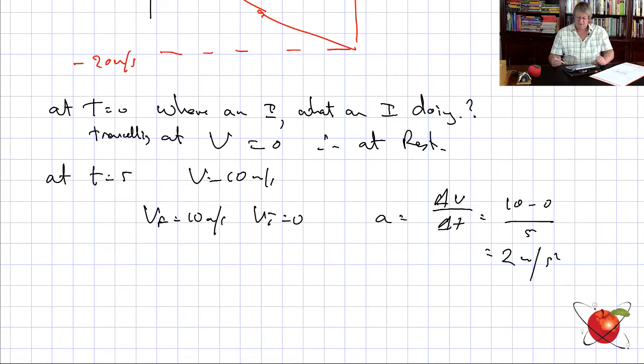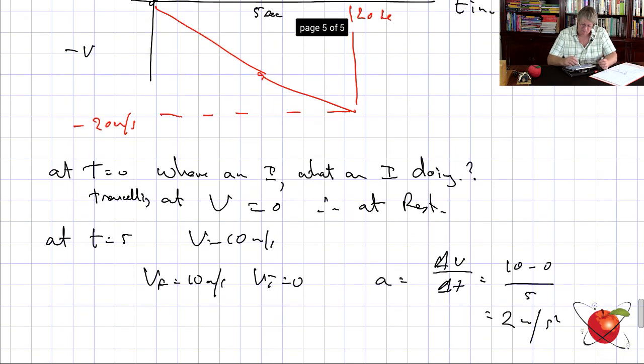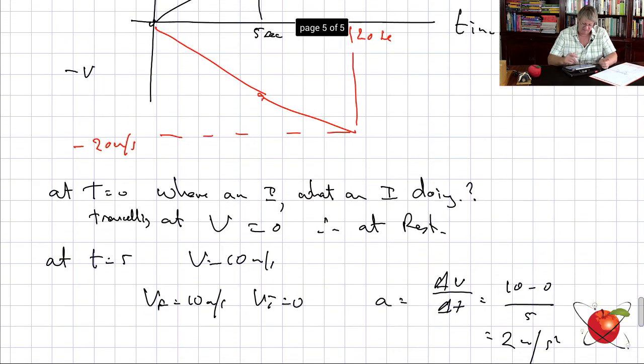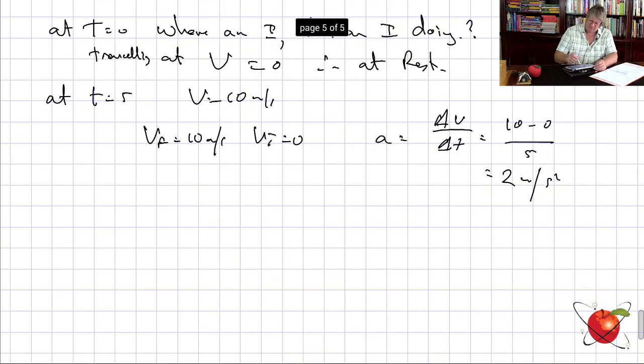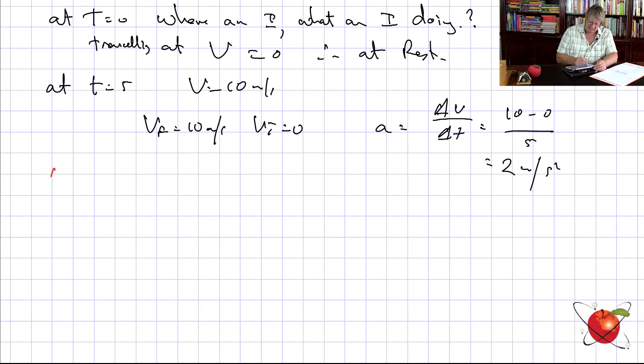So, let's go back and look at the next one now, on the red side. At t equals 0, I'm at 0, aren't I? And at t equals 20, I am traveling at 20 meters per second. So at t equals 0, v was 0.